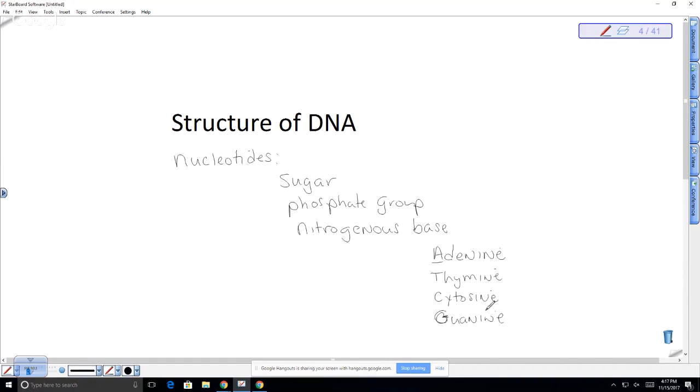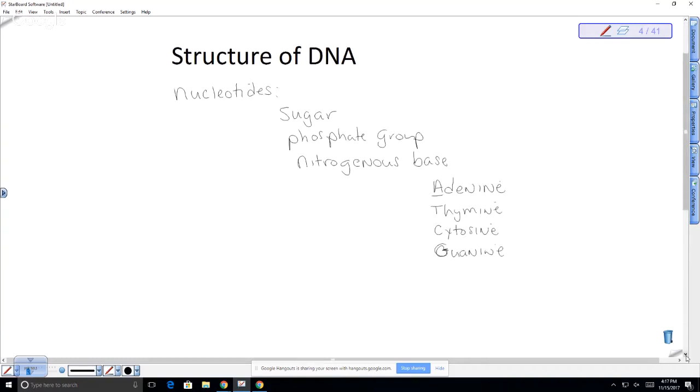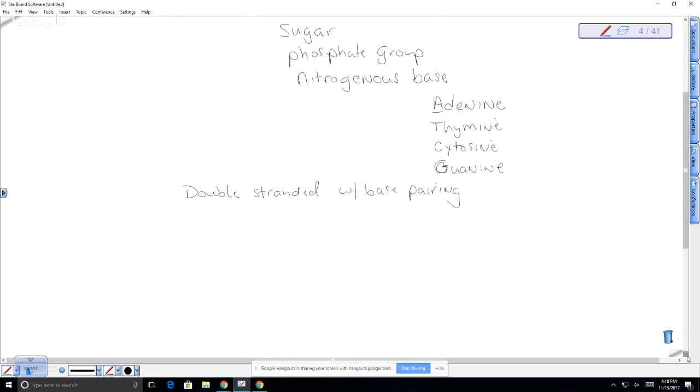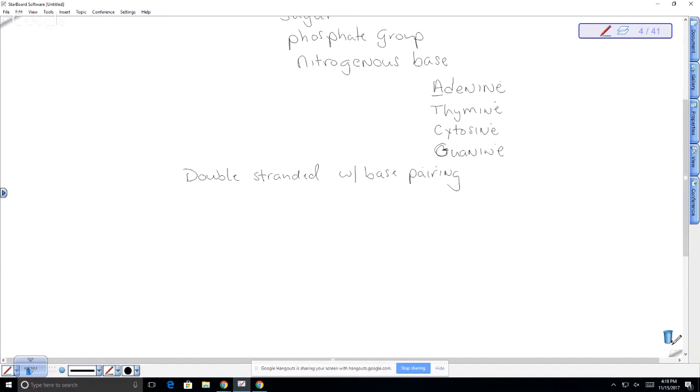The other thing about the DNA is that it is double-stranded, and there is base pairing. There was a scientist who figured out that when we looked at all of the bases in our DNA, we had the same amount of A's and T's and the same amount of C's and G's.